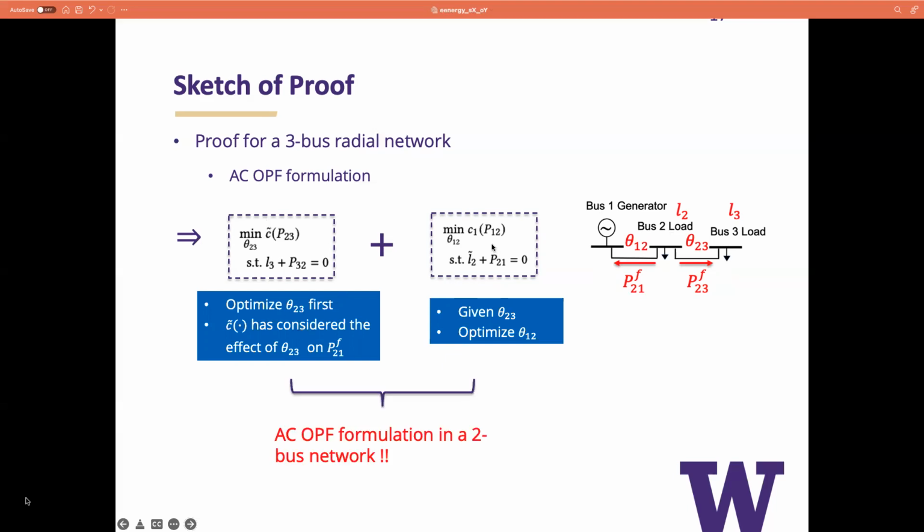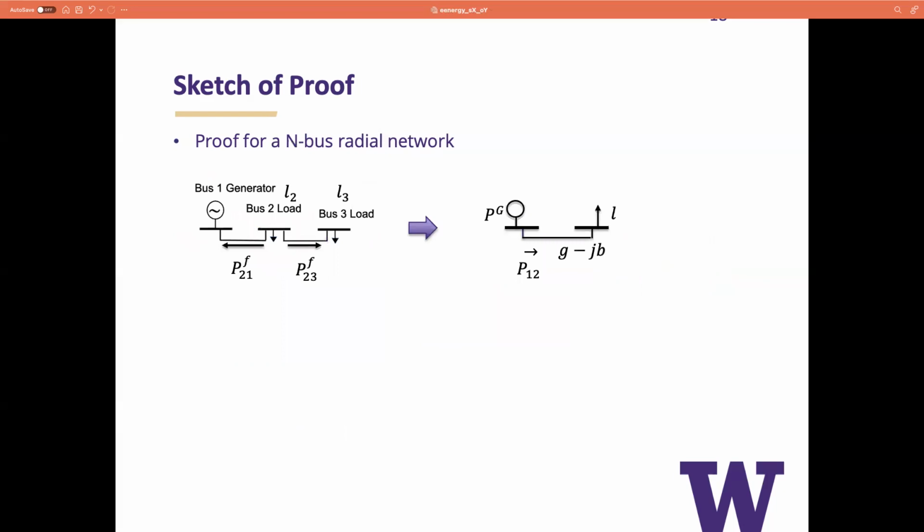These two subproblems are just the SOPF formulation in a 2-bus network. So now we reduce the SOPF formulation in a 3-bus radial network to the case in a 2-bus network.